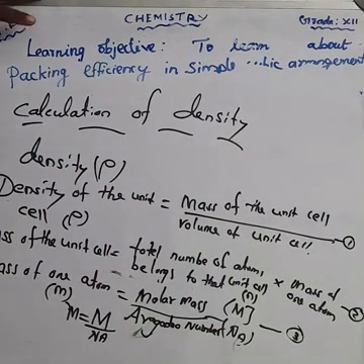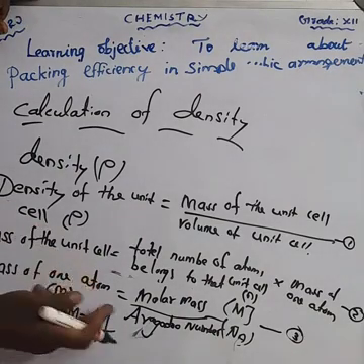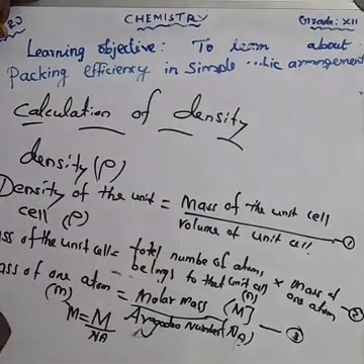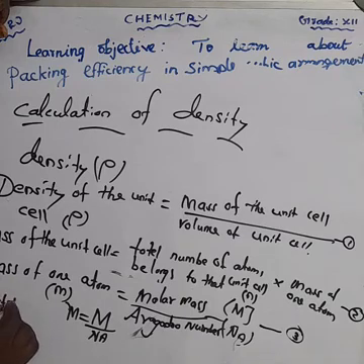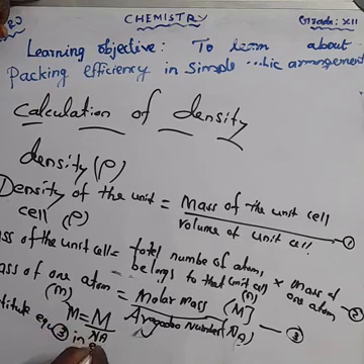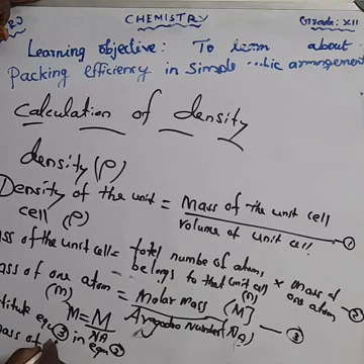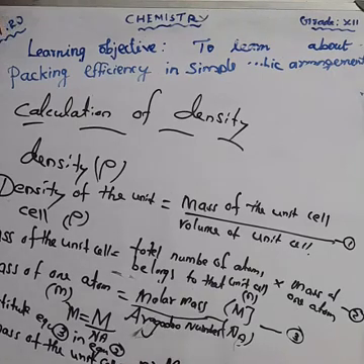Here, substitute equation 3 in equation 2. The mass of the unit cell is n into M divided by Na.